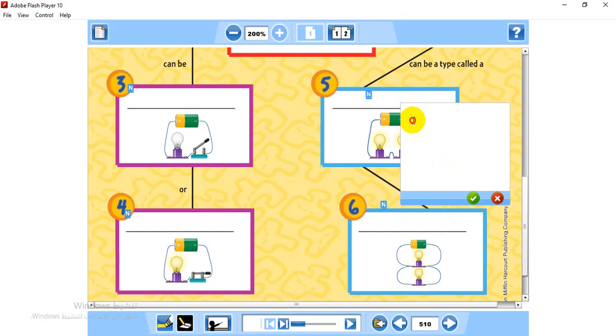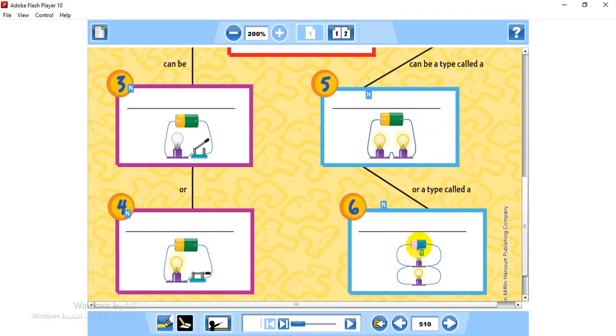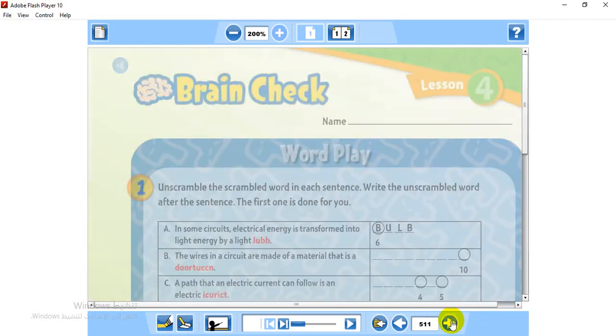So for that reason I have to write here, guys, parallel circuit. Okay, parallel circuit. And this one is the series circuit.